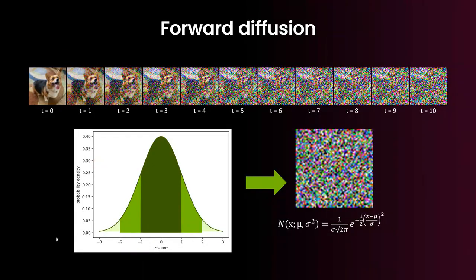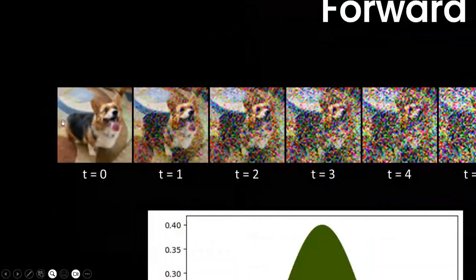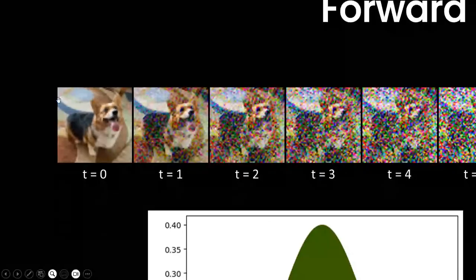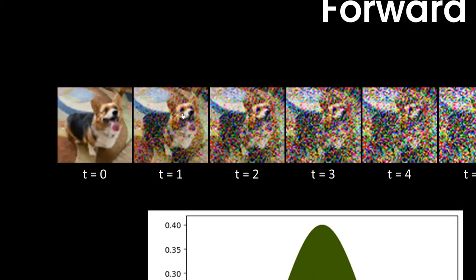So here we have the clean image. We go to the next step by adding some value selected from the normal distribution, whose variance and mean are based on the training images, and this makes the image a little bit noisy.